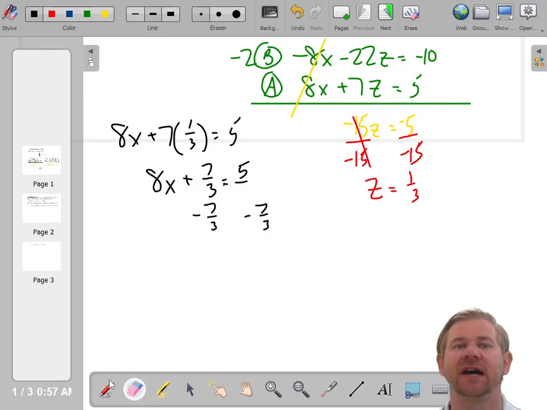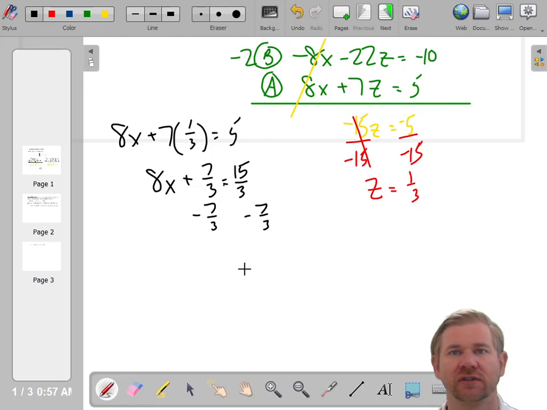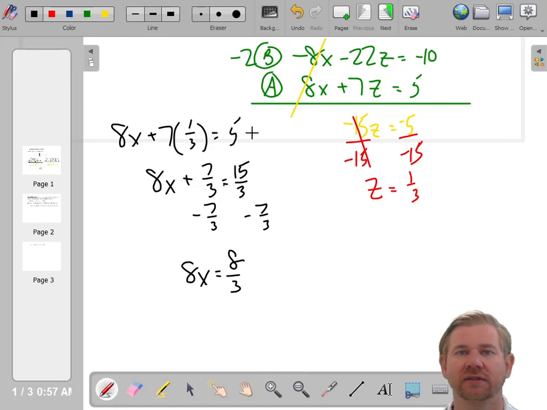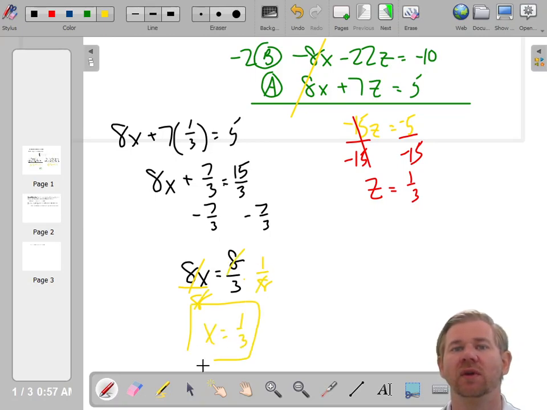So we'll multiply the top and bottom by 3. 5 whole is 15/3. So 15 minus 7 is 8/3. 8x equals 8/3. And now when we divide both sides by 8, that's the same as multiplying by 1/8. Those cancel out and you get x equals 1/3 as well.